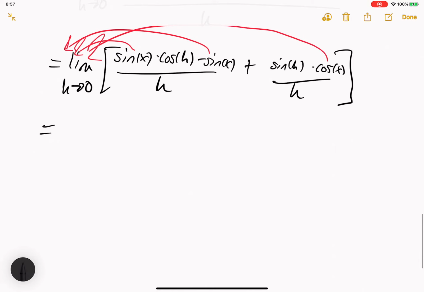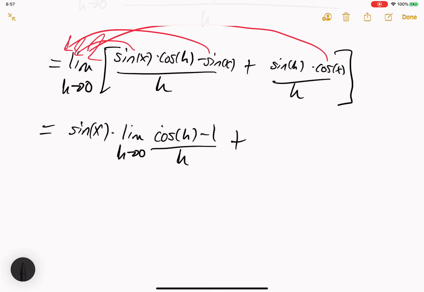So what I mean by that is that we have the sine of x times the limit as h goes to 0 of cosine of h minus 1 divided by h, plus cosine of x times the limit as h goes to 0 of sine of h divided by h.